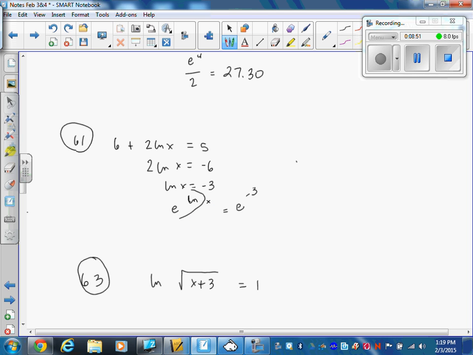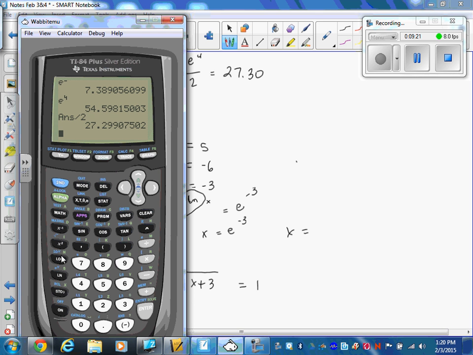So this part is 1, and the x comes around to the front, so it's just x is equal to e to the negative 3. And e to the negative 3, if you put that into your calculator, is like 0.05.